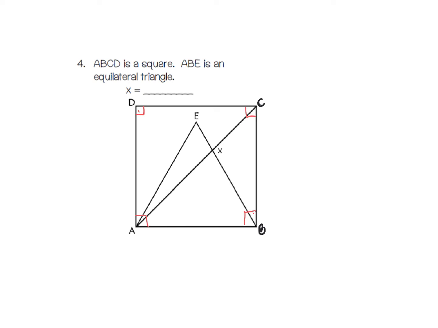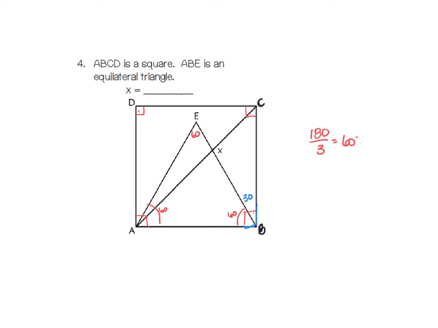Okay, if we have an equilateral triangle, that means all three angles have to be congruent. So 180 divided by 3 gives me 60 degrees. So this angle is 60, this angle is 60, and this angle is 60. Okay, so now down at angle B, if I know the whole big angle B is 90, part of it is 60, this has to be 30.